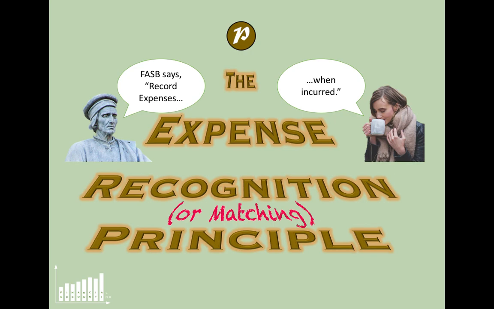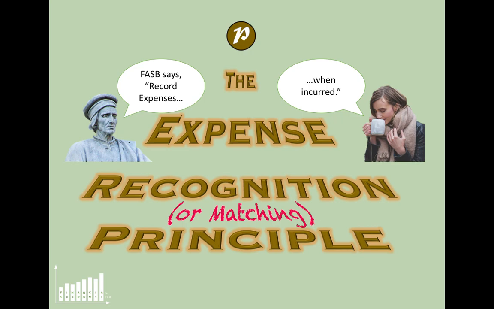Now, why do I put a woman drinking coffee here? That doesn't seem to make much sense. Well, if you think about it, you incur an expense when you absorb the benefits, when you experience the benefits of the thing you're paying for. And so when Carl paid for rent in April, he paid in advance for May and June.